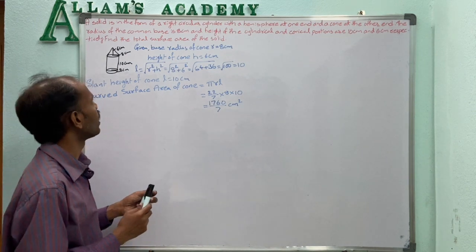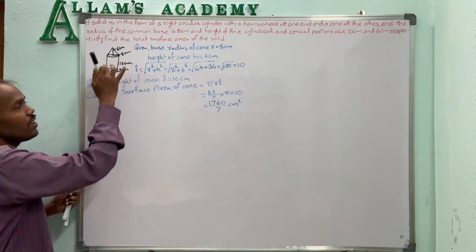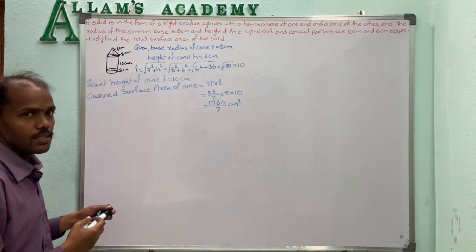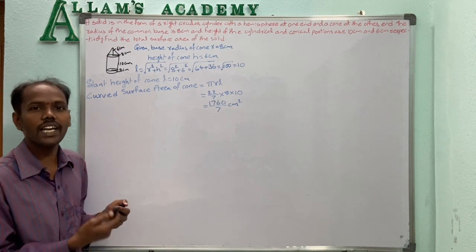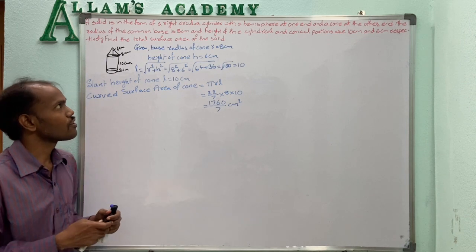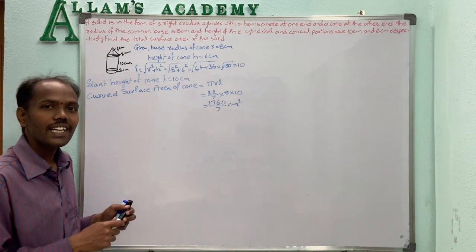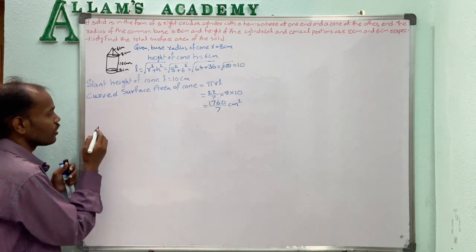Next, we have to find the curved surface area of the cylinder. Here the curved surface area of the cylinder is pi r square h, so we need the radius and height of the cylinder.